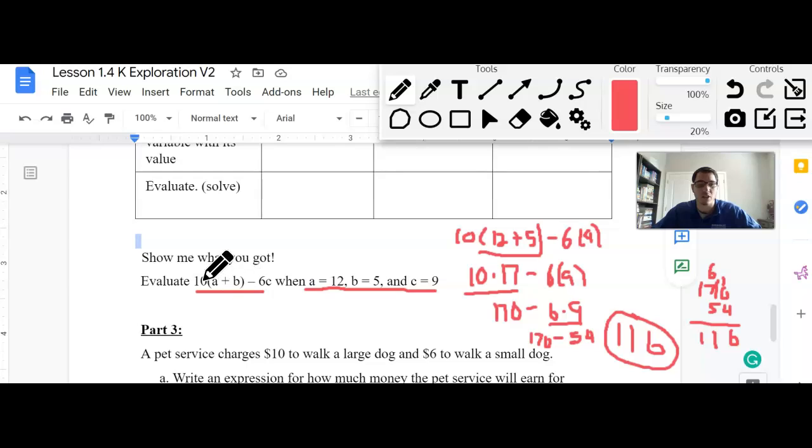Okay, this is a huge algebraic expression with 3 different variables. Okay, so substituting in 3 different numbers, that is a challenging problem. But it is something that you can do. All right, well, let's go ahead and move on to part number 3.